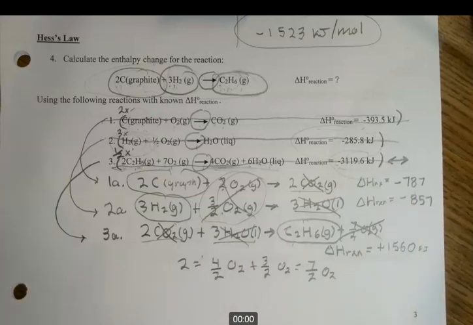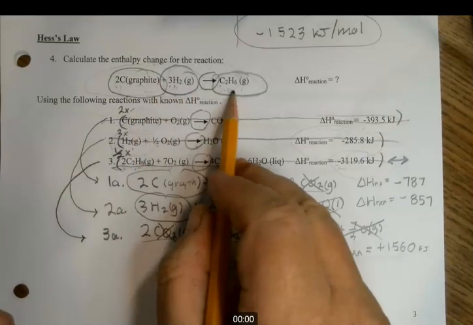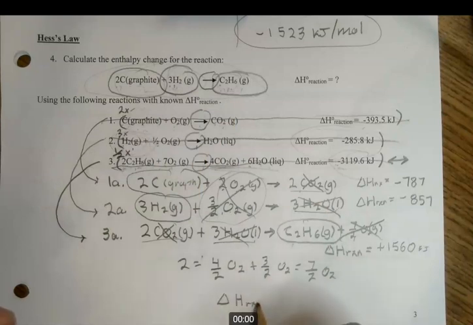And so you can take 1560, or 59.8 if that's what you stuck with. And then we're going to subtract 857 and we're going to subtract 787, and we get negative 84. So the delta H of reaction for that reaction up there, which is, by the way, a formation reaction because you have basic elements giving a compound, so you can call it a delta H of formation if you want.